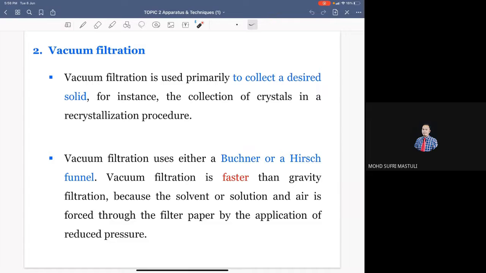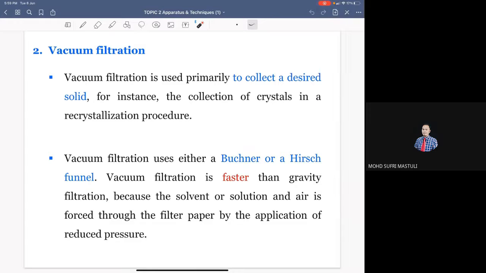Vacuum filtration is used primarily to collect the desired solid, for instance, to collect a crystal from the crystallization procedure. Vacuum filtration uses either a Buchner or Hirsch funnel.